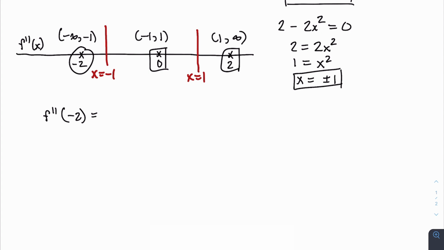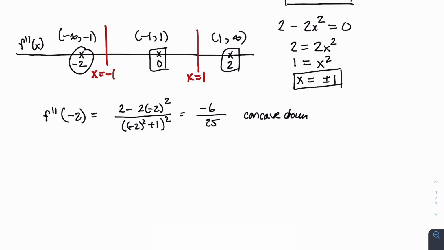So you have 2 minus 2 times -2 squared, divided by -2 squared plus 1 squared. Well, the numerator is, negative 2 squared is 4, 2 times 4 is 8, 2 minus 8 is negative 6. The denominator is 4 plus 1 squared, which is 25, which all that tells me is I have a negative value, which means we are concave down. So I'm just going to draw a picture that looks something like this, just a concave down.